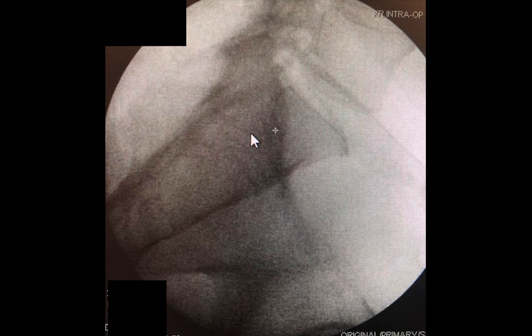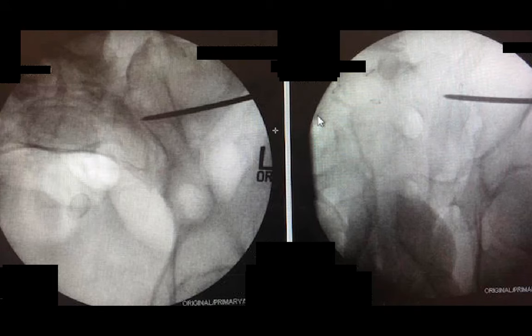But I think this view is very important. I do know some people do not use this view. They use the inlet, outlet, and AP views only, but because I'm still young in my practice, I always get this to double check and make sure that I'm in at least the right place.